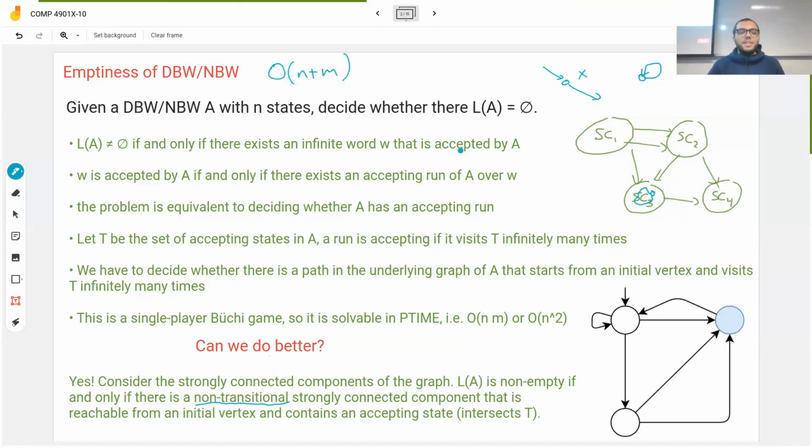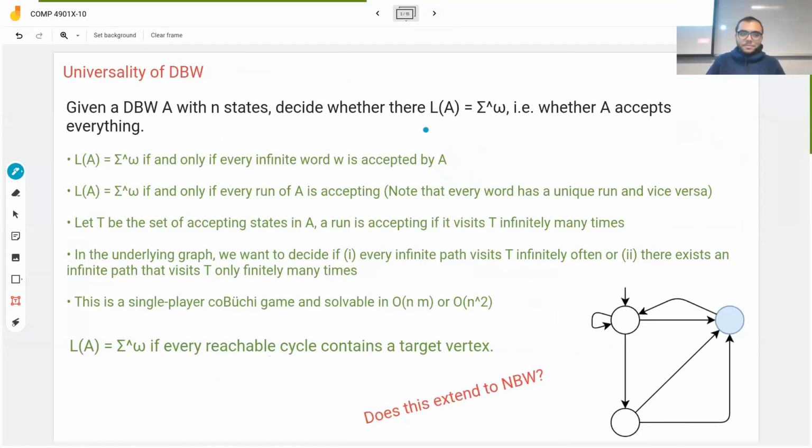Because if you think about it, here I was asking, does this automaton reject everything, or is there something that is accepted, right? Whereas in universality, I'm asking the opposite question. I'm asking, does this automaton accept everything, or is there something that is rejected? But actually, universality is much harder.